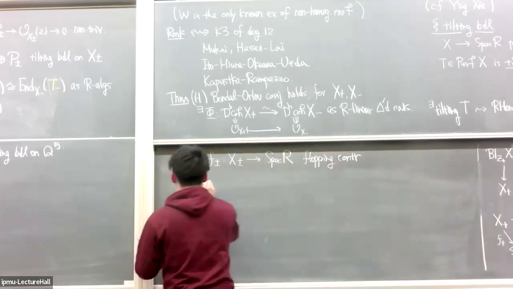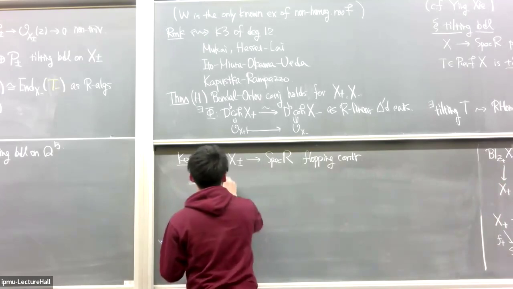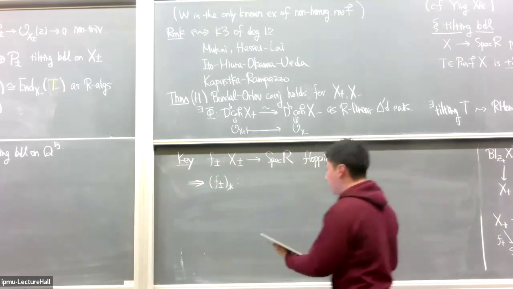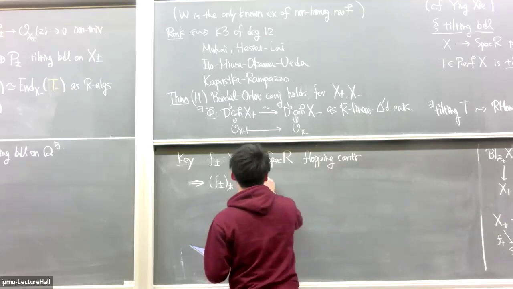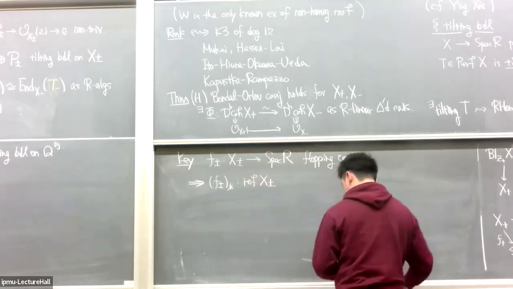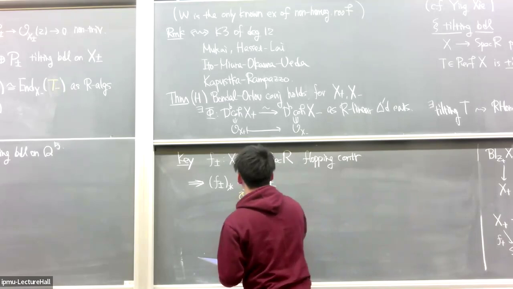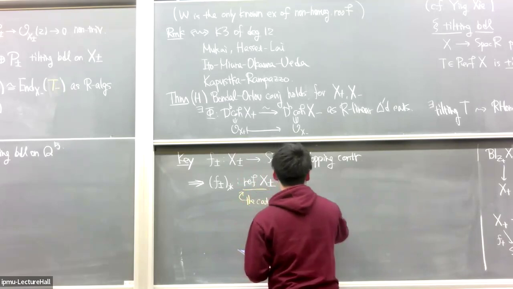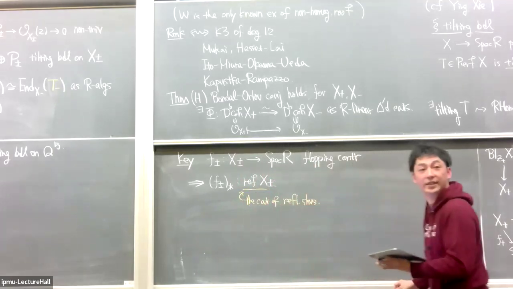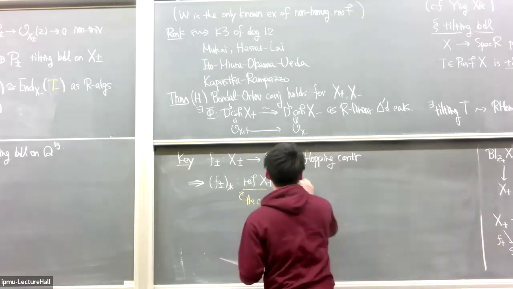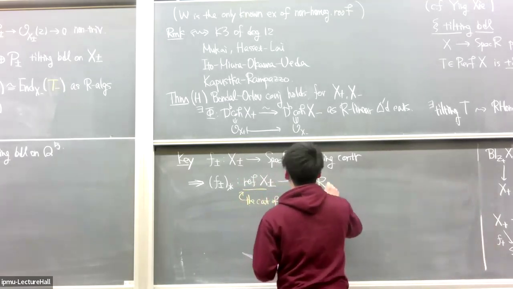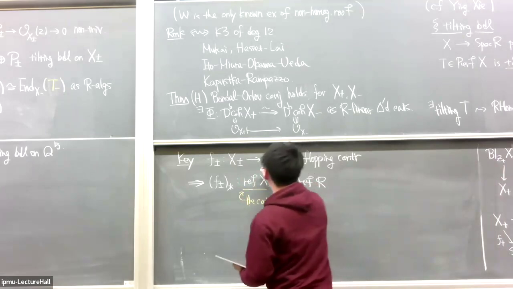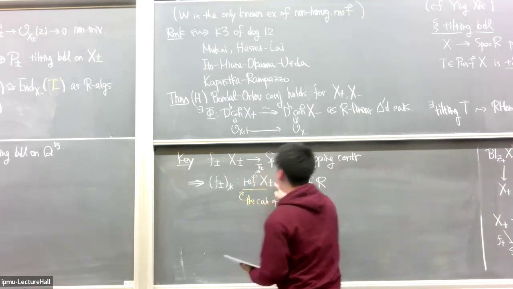And which basically shows that the push forward by this flopping contraction gives an equivalence between the category of reflexive sheaves on X minus and the category of reflexive modules over this normal ring R. And now T minus lives in here because it's reflexive.